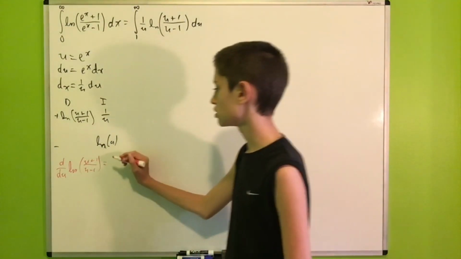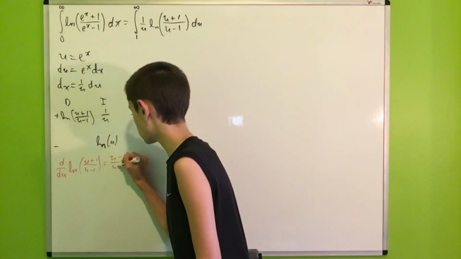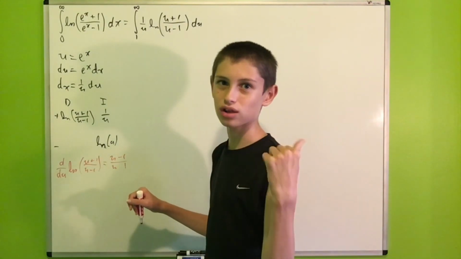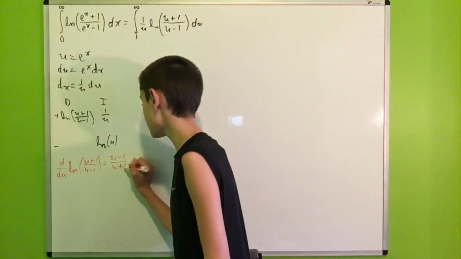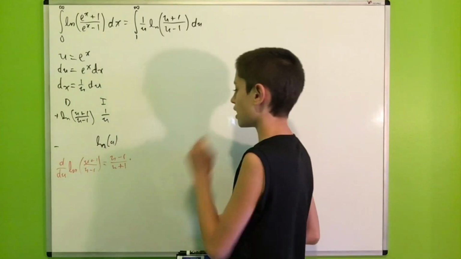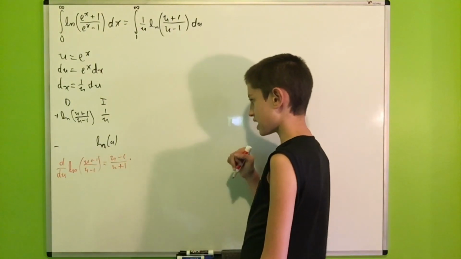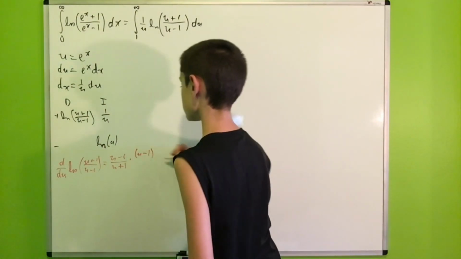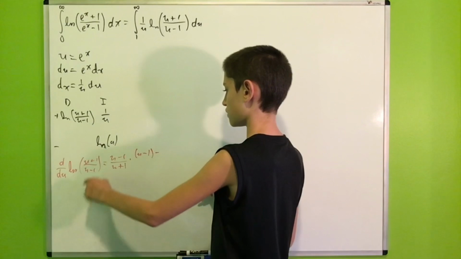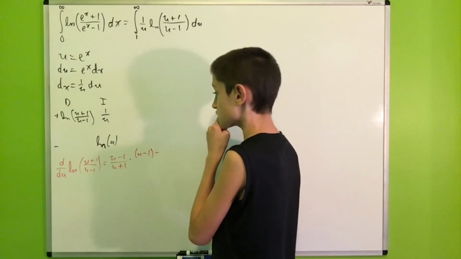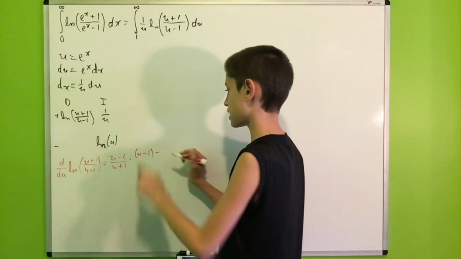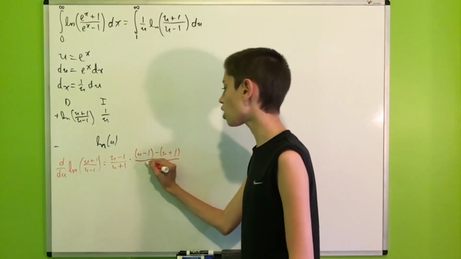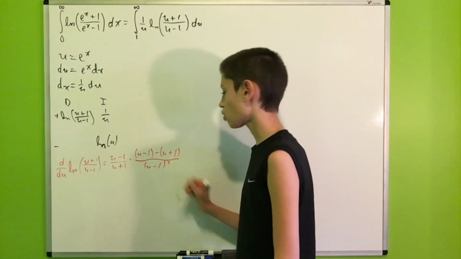So we'll have u minus 1 over u plus 1, the reciprocal of this, times, and then use the quotient rule: we get u plus 1, the derivative of u plus 1 is 1, so u minus 1, minus the derivative of the bottom, which is 1, so we get u plus 1, and now all divided by (u minus 1) whole thing squared.